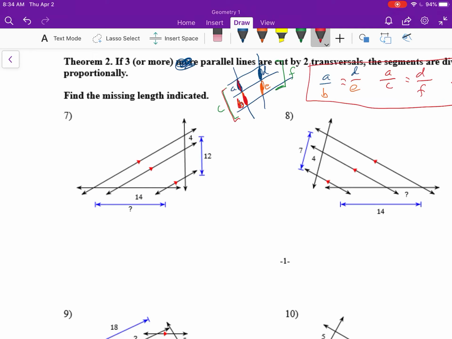All right, so let's see if we can use them. Number 7. I always think these are kind of written funny because it's hard to see what they're pointing at, but this one, this 12 comes here, and it's supposed to hit here, although it's uphill a little bit. And then this question mark is this length.